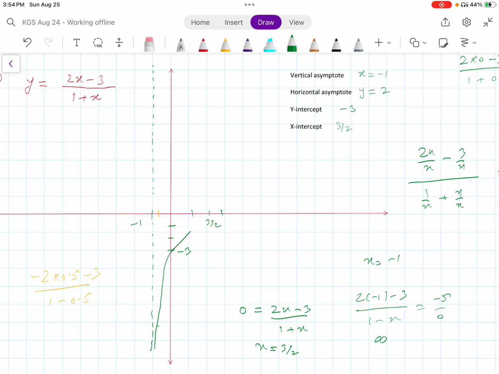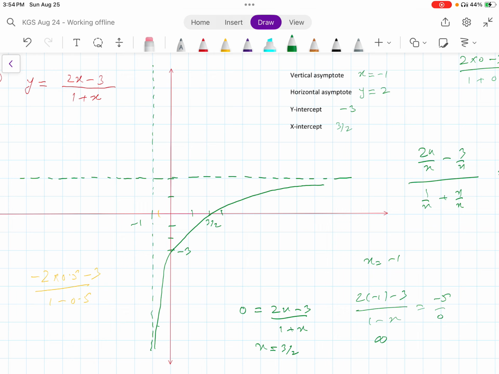So the graph is going like this. Now, since the horizontal asymptote is 2, we also have to make a horizontal line cutting the y-axis at 2. So the curve is approaching this line here.